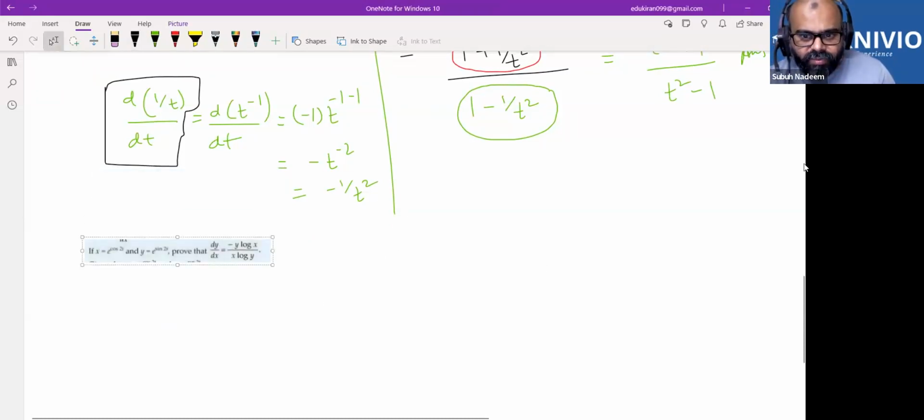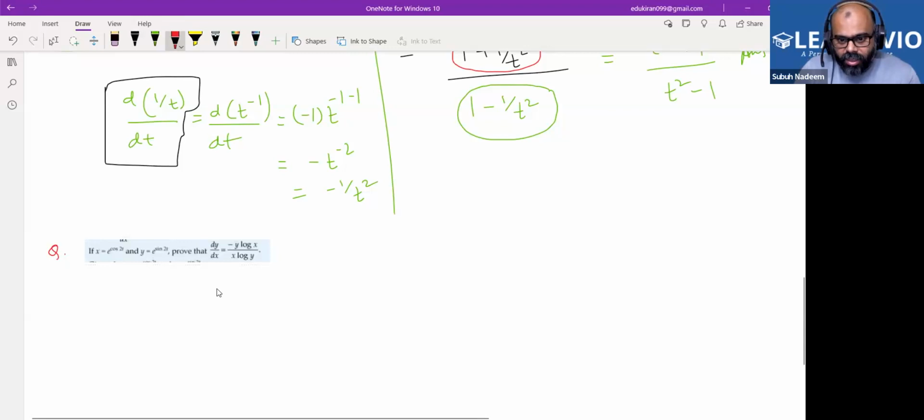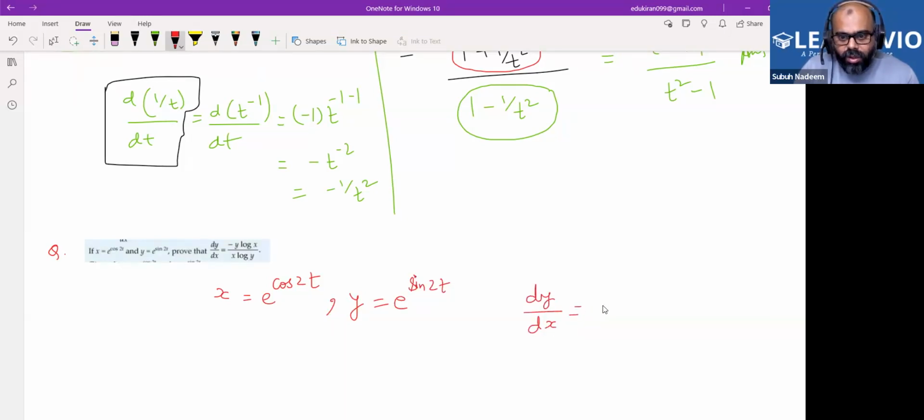Next question is this one. I'm writing it clearly here because it is not clear. X is equal to e to the power cos 2t and y is equal to e to the power sine 2t, and dy by dx is equal to minus y log x by x log y.